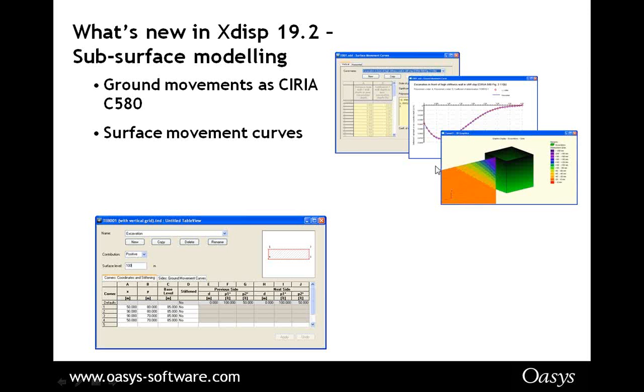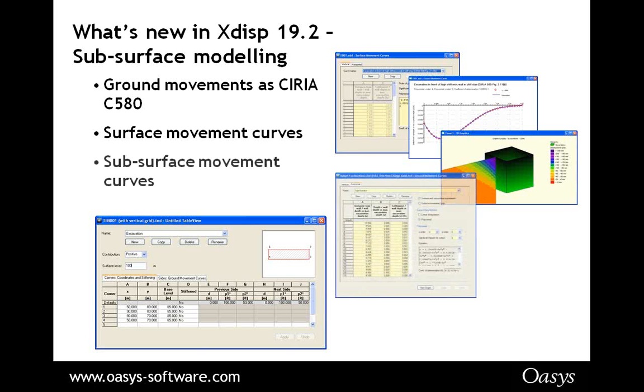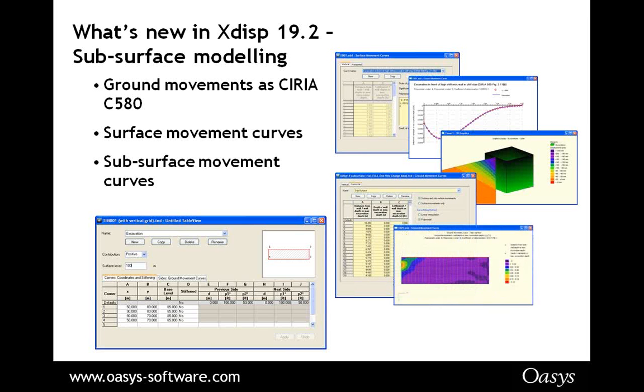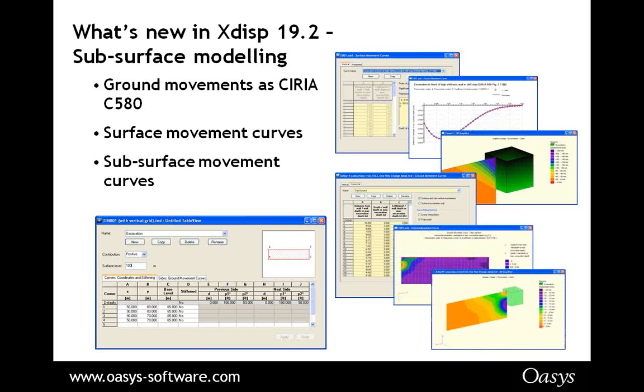So it's just an extrapolation from the top to the bottom. But in reality, the soil does move around the base. The new feature allows us to define a subsurface curve, which in brief gives us more detailed information about what happens at the base. If you compare this top diagram to this bottom diagram, at the base you can see that there is movement, and that movement is modeled.